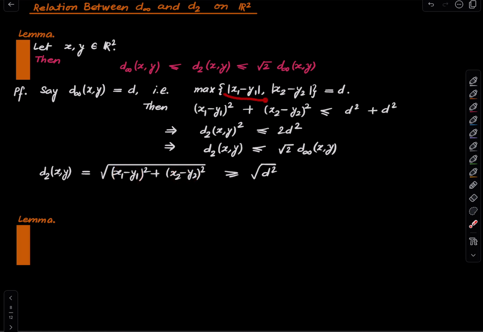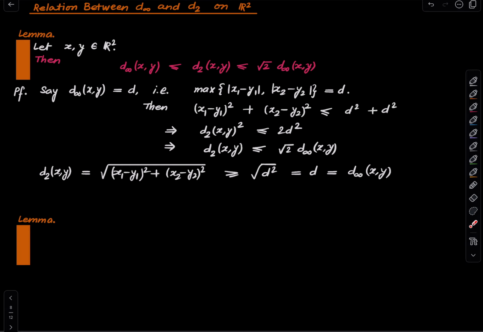Since the max of these two things is equal to d, at least one of them is equal to d. Both of them can be d, but at least one in absolute value is d, and therefore we have this inequality, which is equal to d, which is by definition that. So this thing is at least that thing, and we have proven this part also. So it's a very simple lemma.